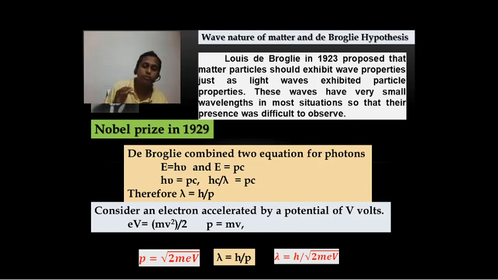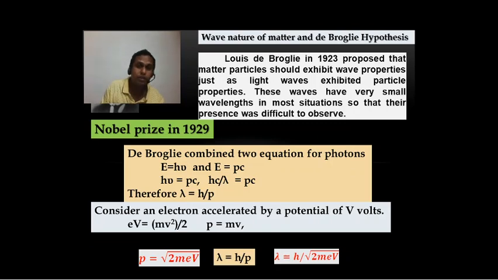Here h is of the order of 10 raised to minus 34, and p is of the order of 10 raised to 5 or 10 raised to 6, which is in the denominator. What happens? Its value is very small. And where it is significant, suppose there is an electron.